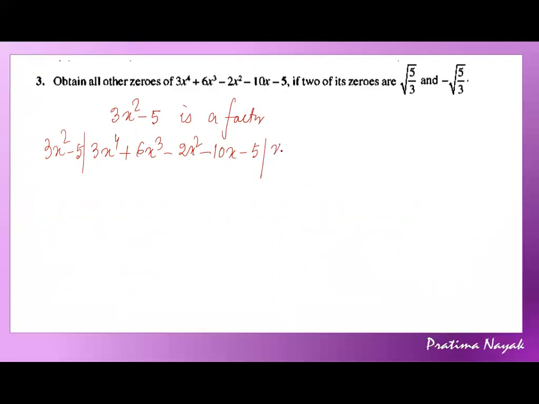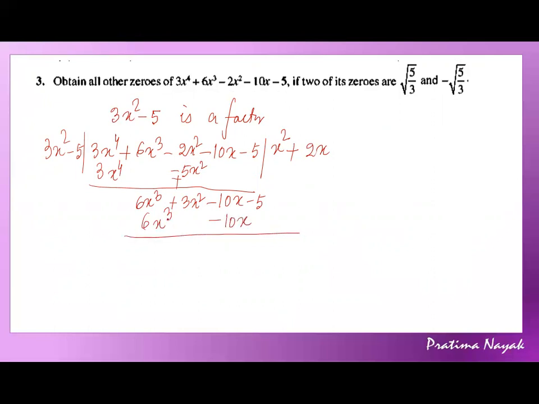So it will be x square, 3x to the power 4 minus 5x square. Subtraction, it will be 6x cube, it will be plus 3x square minus 10x minus 5. Then I'll go for plus 2x. So 6x cube minus 10x.